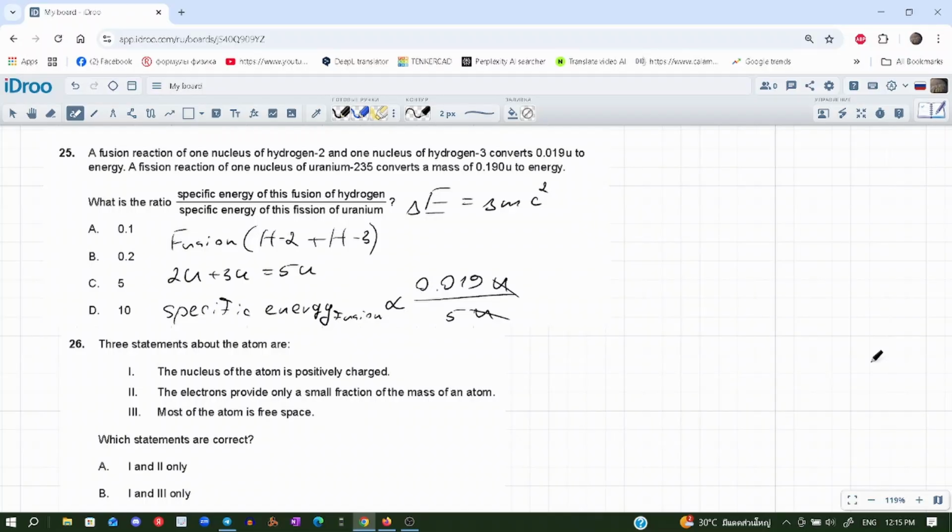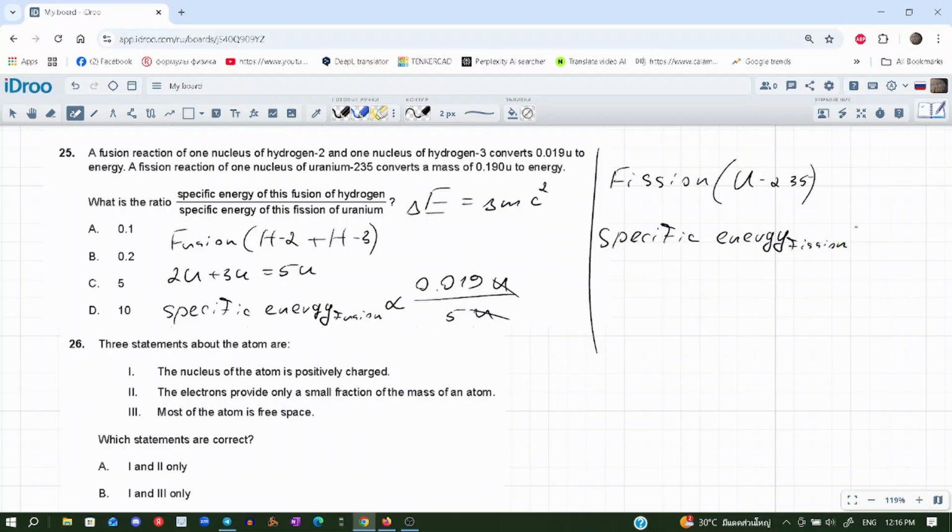And about fission, uranium 235. For this, the mass converted is 0.19 U from given, and we know that here the specific energy of fission is proportional to 0.19 over 235.